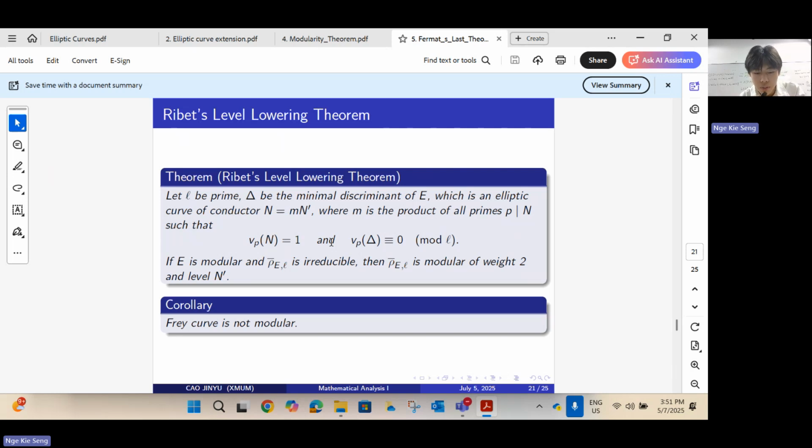For the Frey curve, the residual l-adic Galois representation is flat at p, which forces it to correspond to a low-level modular form, but the space of these low-level modular forms is empty, thus leading to a contradiction.